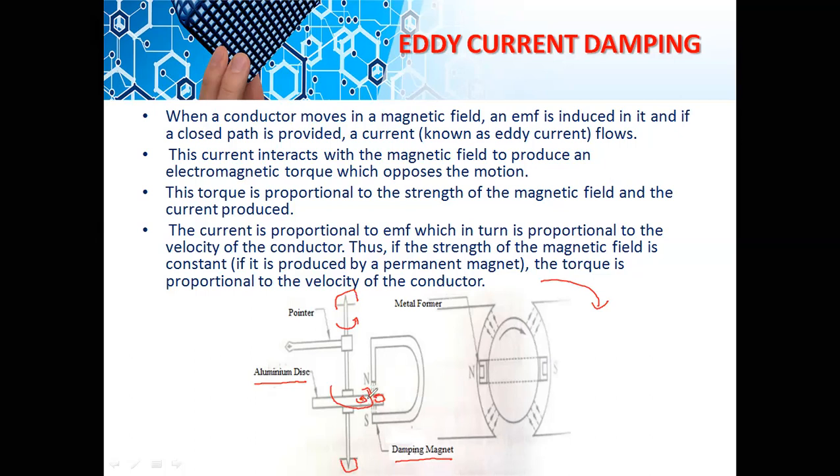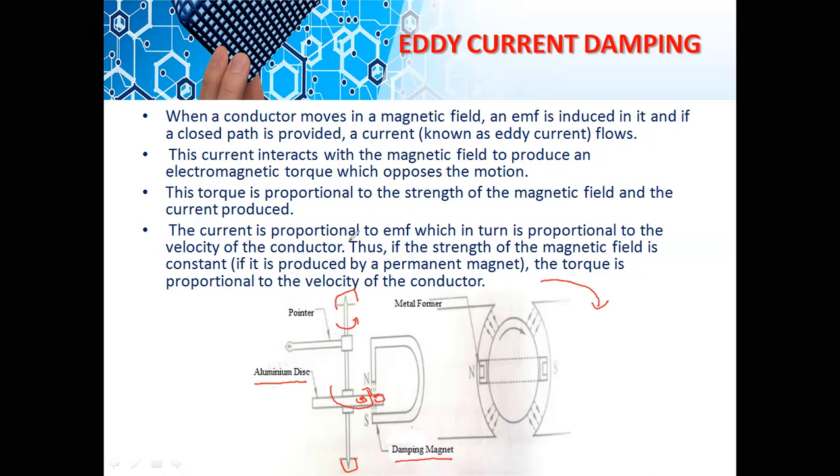This current interacts with the magnetic field to produce an electromagnetic torque which opposes the motion. So the eddy current will interact with the magnetic field, and it will try to oppose the motion of the disc. When it is trying to oppose the motion of the disc, it is ultimately trying to oppose the motion of the spindle. That means it is trying to oppose the motion of the pointer. So this opposition is only while oscillating.